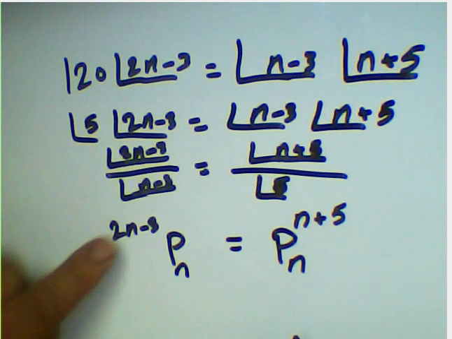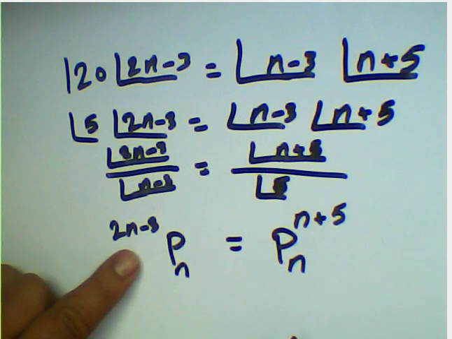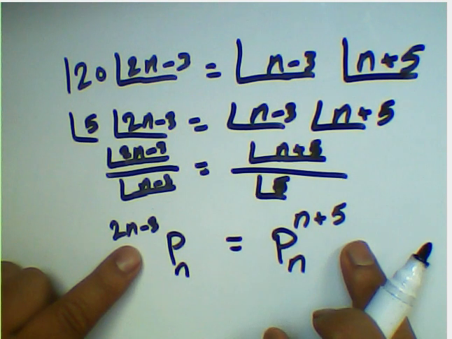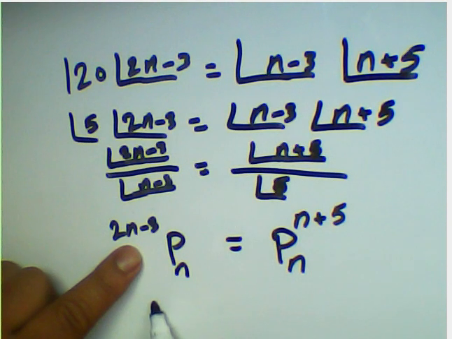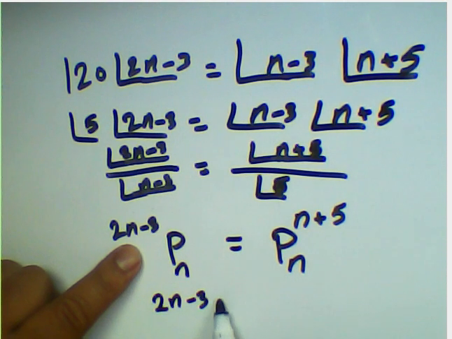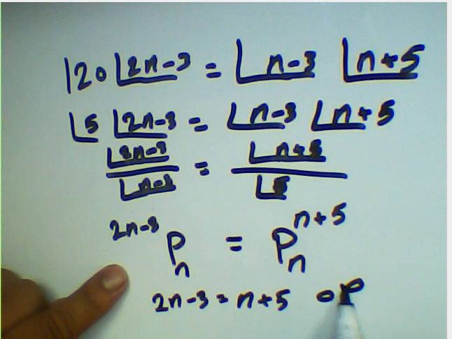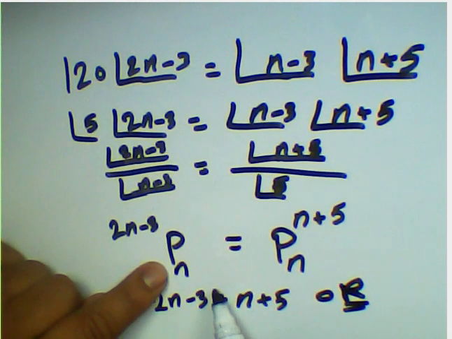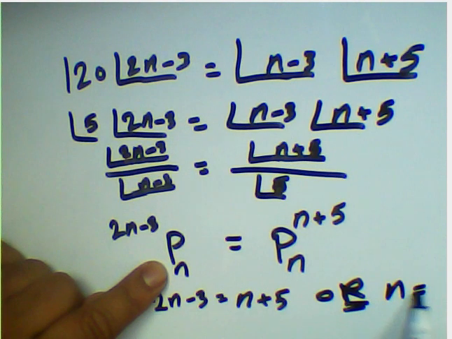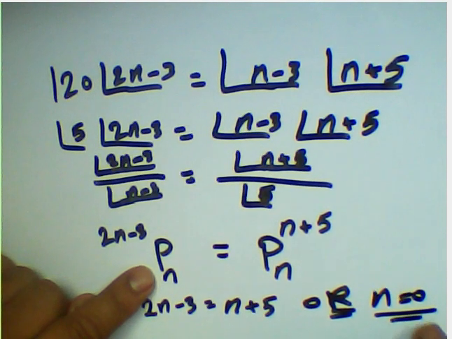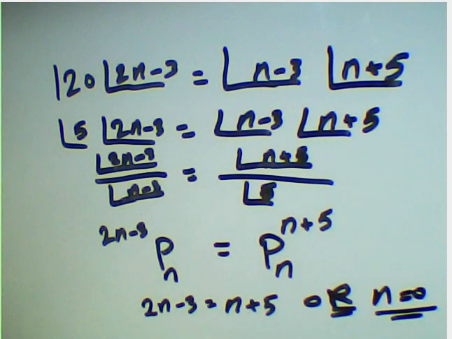Then 2n minus 3 will be equal to what? It will be equal to n plus 5. We can write here 2n minus 3 equals n plus 5, so n equals what? Equals 0. But if we put n equals 0 in this example, it will be false.